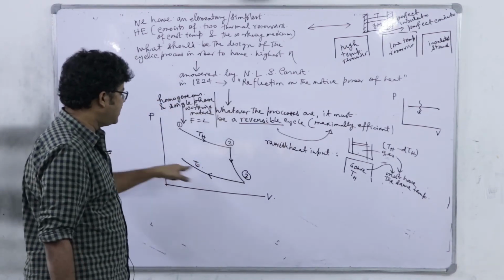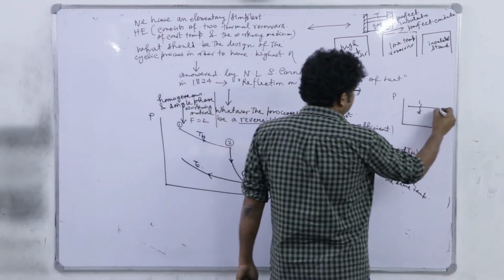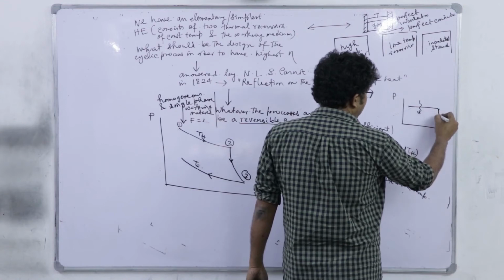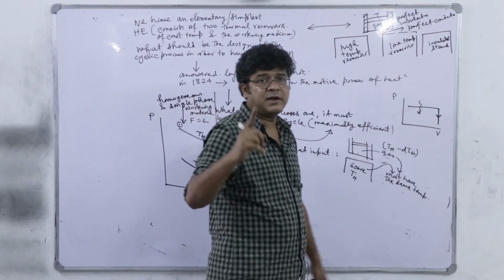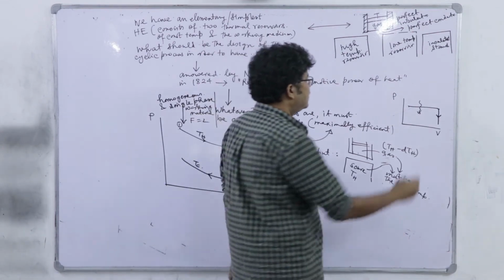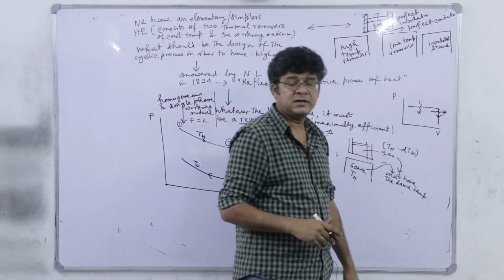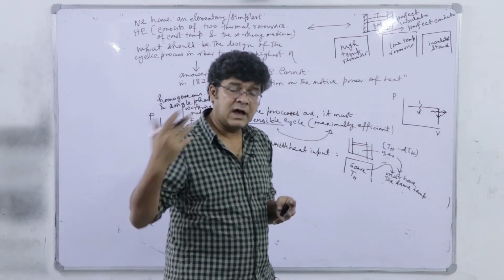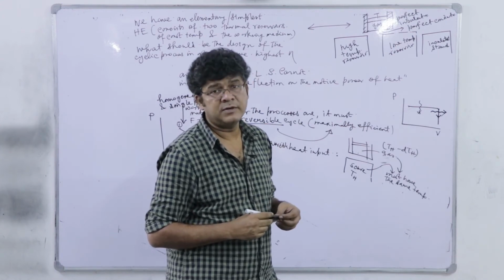Now again, if you think that okay, we will implement some isochoric pressure reduction, right? But isochoric pressure reduction means there will be some exchange of heat with some other object whose temperature is also to be programmed, right?